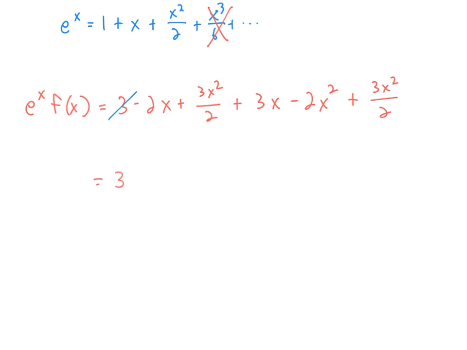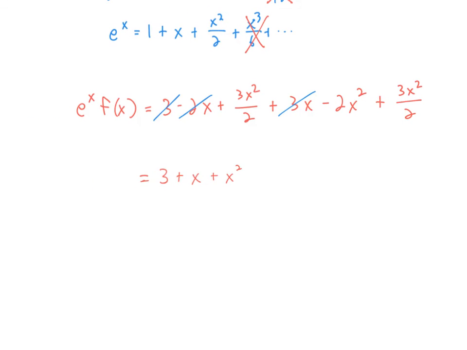So negative 2x plus 3x is a positive x. Takes care of those. And then 3x squared plus 3x squared over 2 plus 3x squared over 2 is just 3x squared minus 2x squared, which is just x squared. Okay, and so that's it.